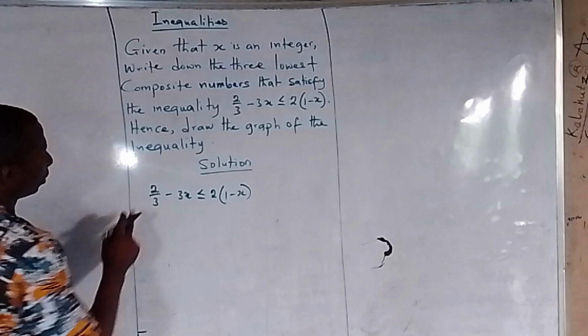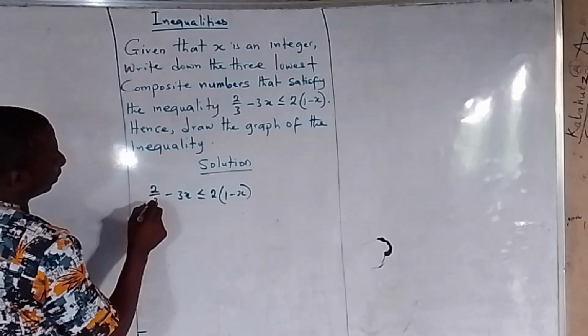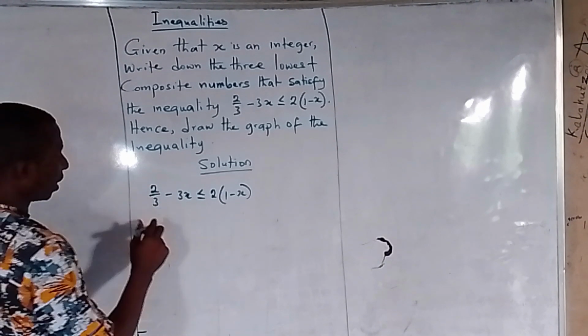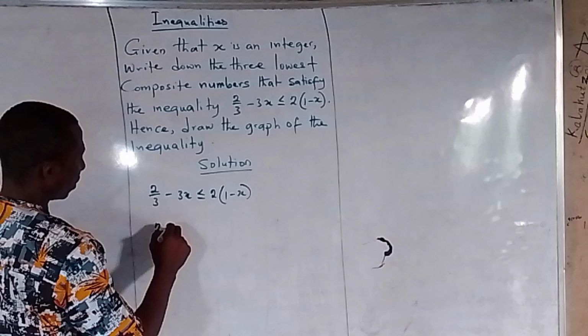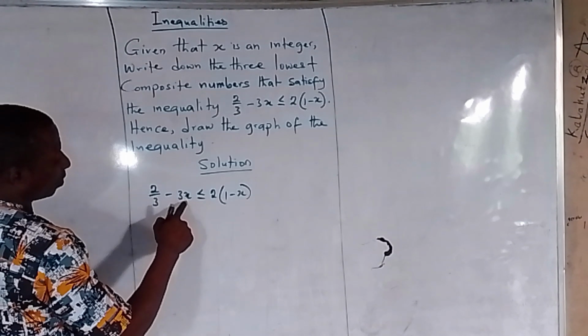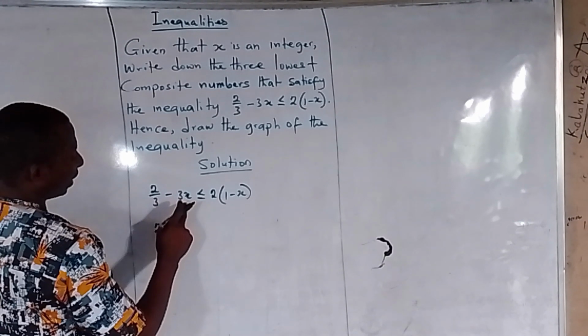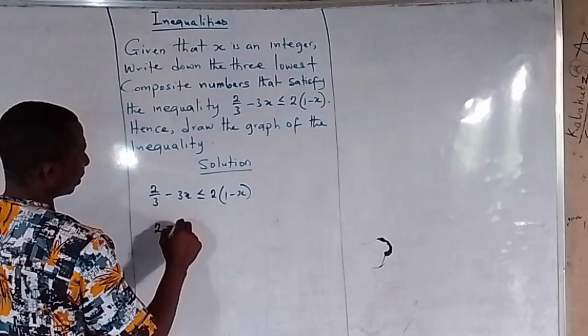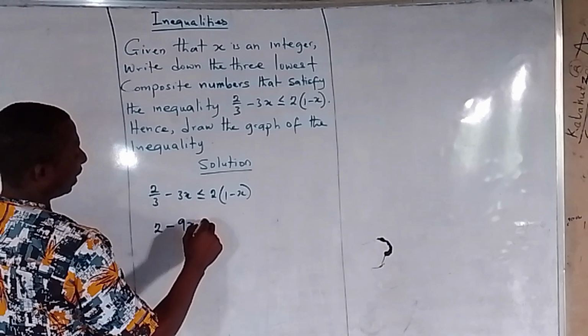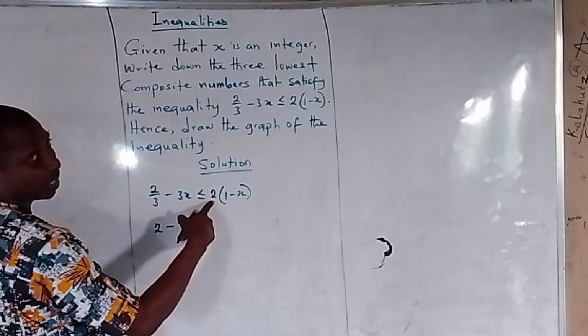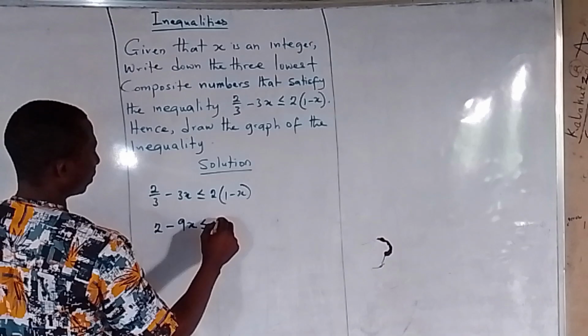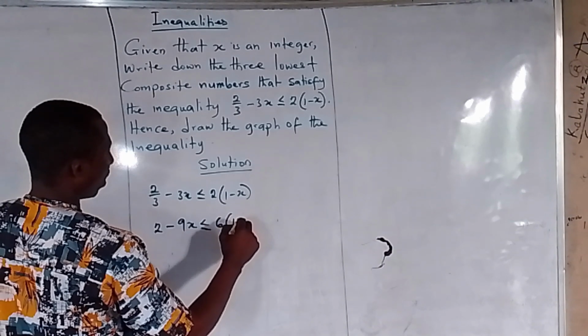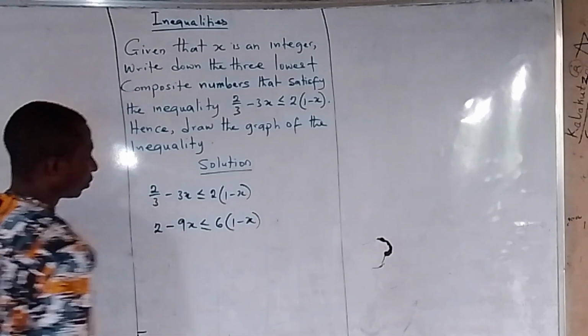If you multiply this one by 3, 3 will cancel 3. So you have 2 minus 3 times 3x, that gives you minus 9x, less than or equal to 2 multiplied by 3, you have 6(1 minus x).